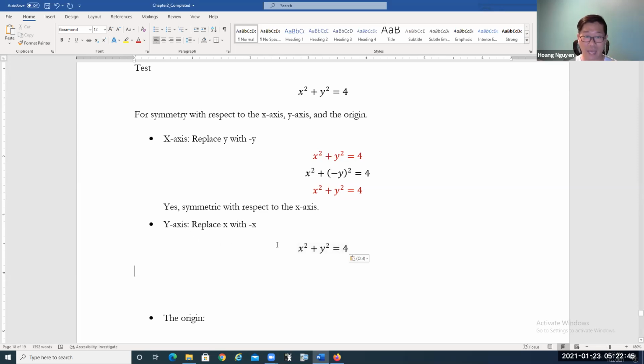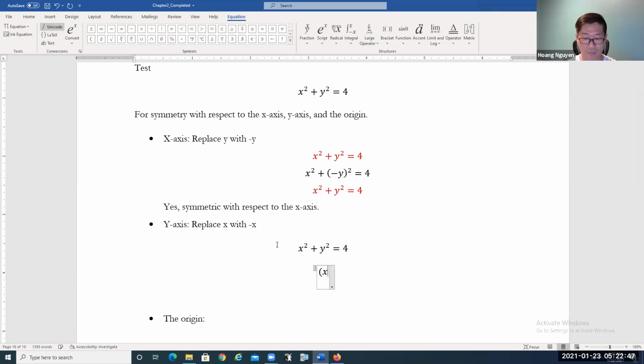Now I will replace x by negative x. So we have negative x raised to the power 2 plus y raised to the power 2 equals 4. Whenever you take a negative number raised to an even power, the answer will be positive. So we have just x squared plus y squared equals 4.